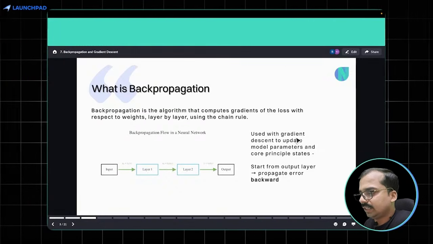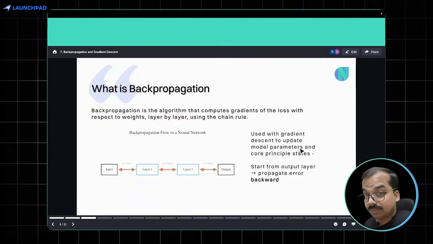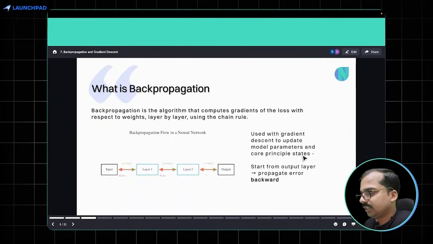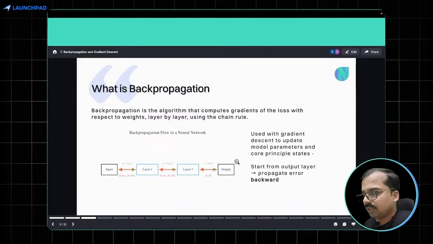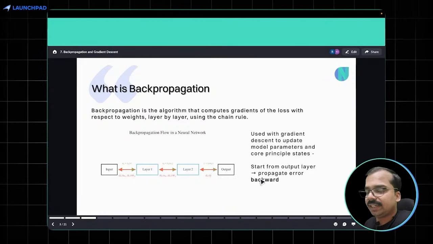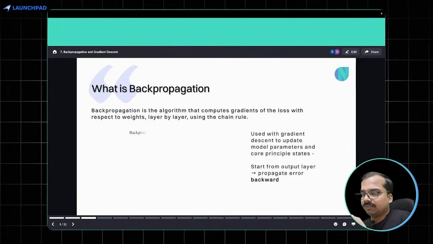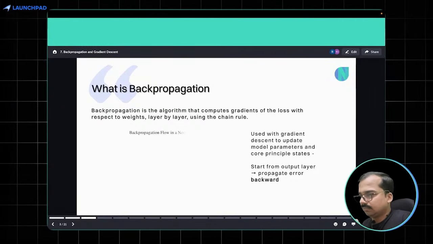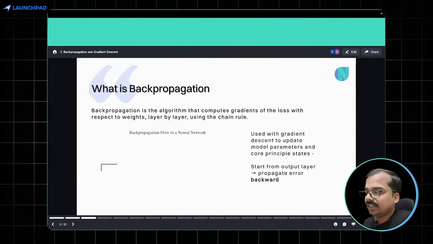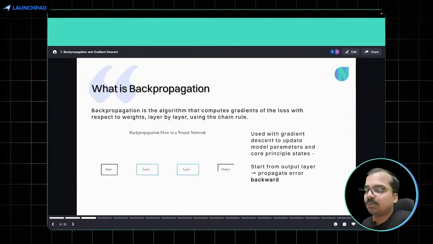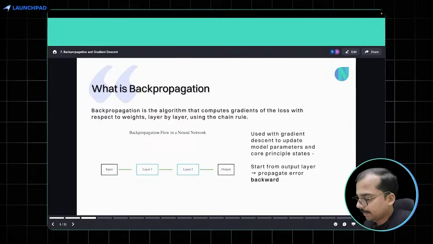So it is used with gradient descent to update model parameters, and the core principle states: start from the output layer, propagate the error backwards. So it is basically telling that, okay, if I adjust some weight W, how should I adjust it such that my loss is minimized? That's what backpropagation actually does.